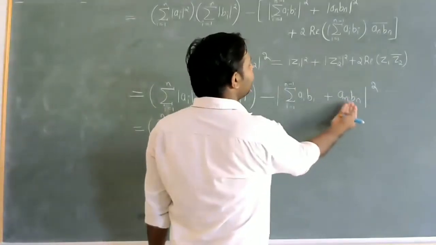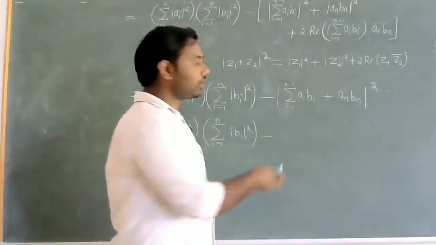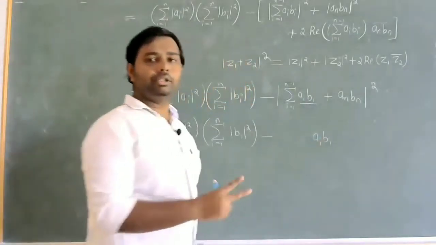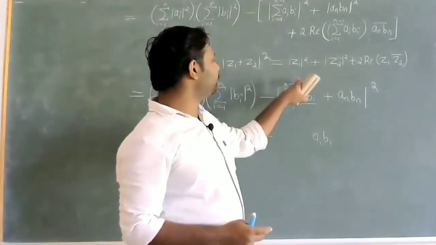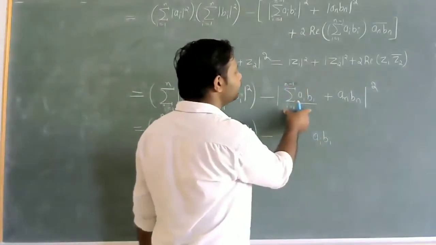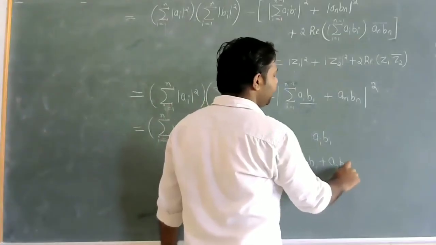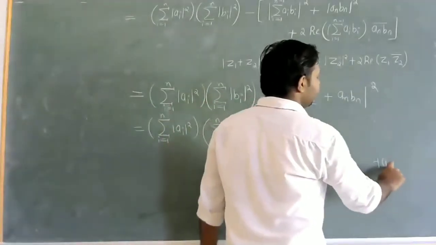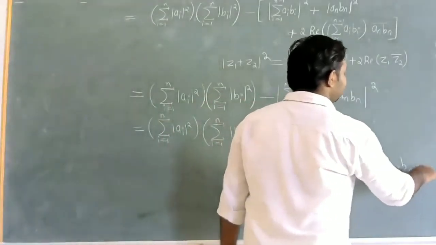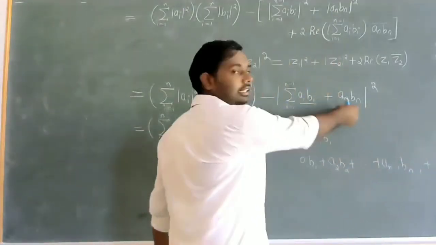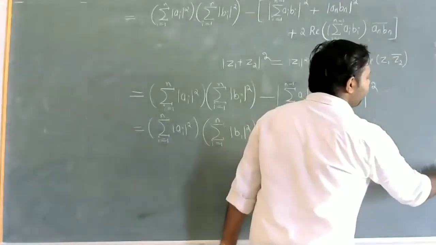So if you take this term inside the summation, because the summation contains the terms of the form ai into bi, so i runs from 1 to n minus 1. That means the terms of the summation are a1 b1 plus a2 b2 plus so on an minus 1 bn minus 1, because the maximum value is n minus 1, plus the last term an bn.